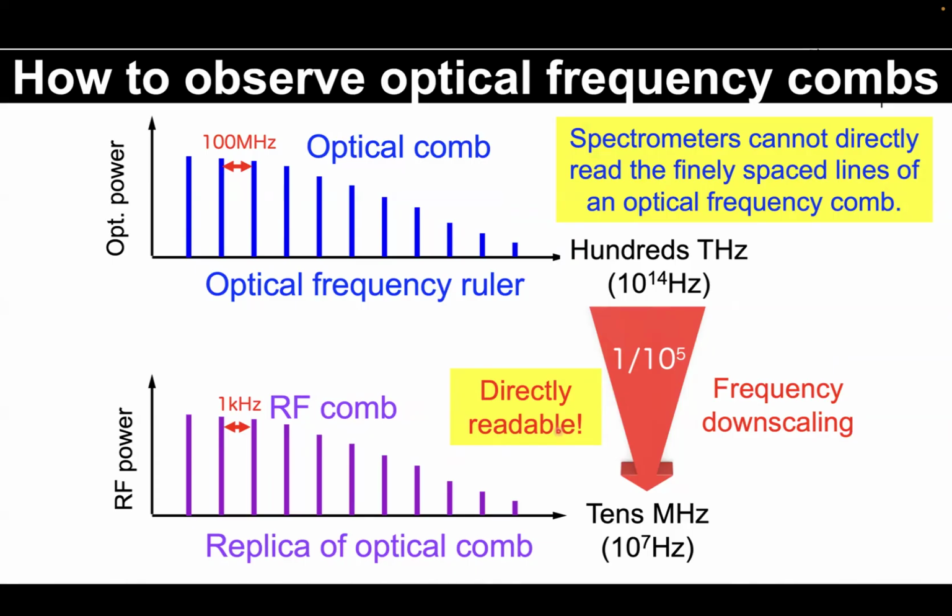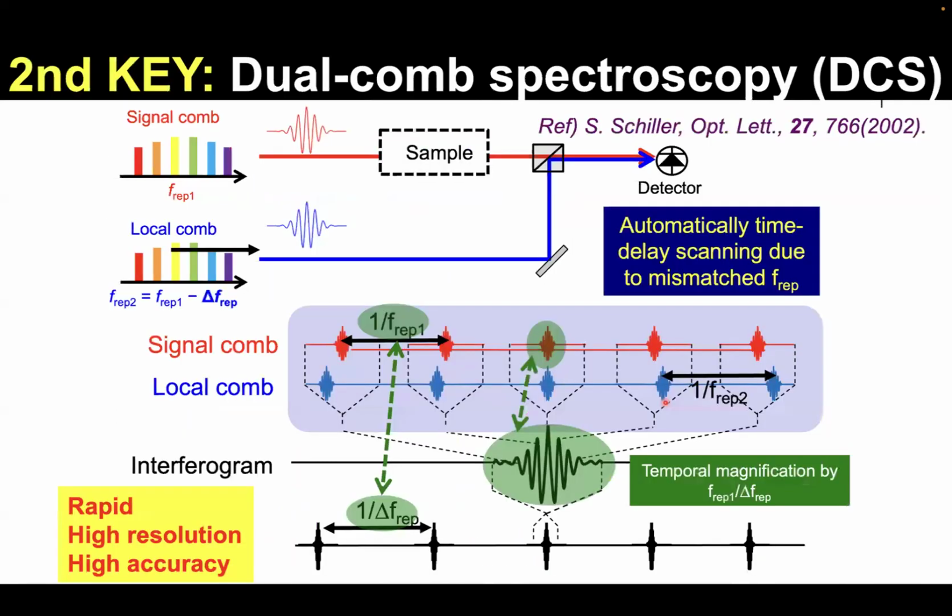To achieve the frequency downscaling by a ratio of 10 to the power 5, we use dual-comb spectroscopy.